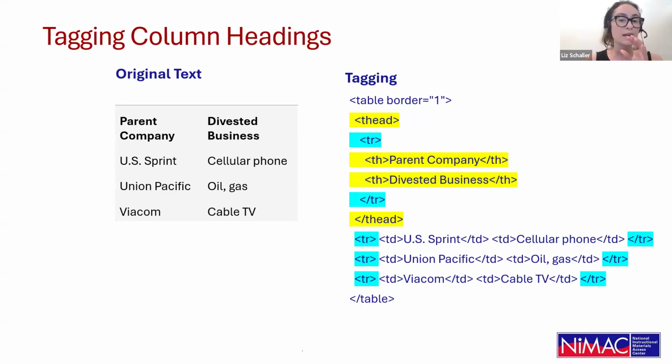So you'll have your T head tag that wraps your 2 headings, your parent company and your divested business headings, and then below that you'll have your table rows, and then within those rows you'll have your table data that fits under each column. So this is, again, a simple table, a simple example.